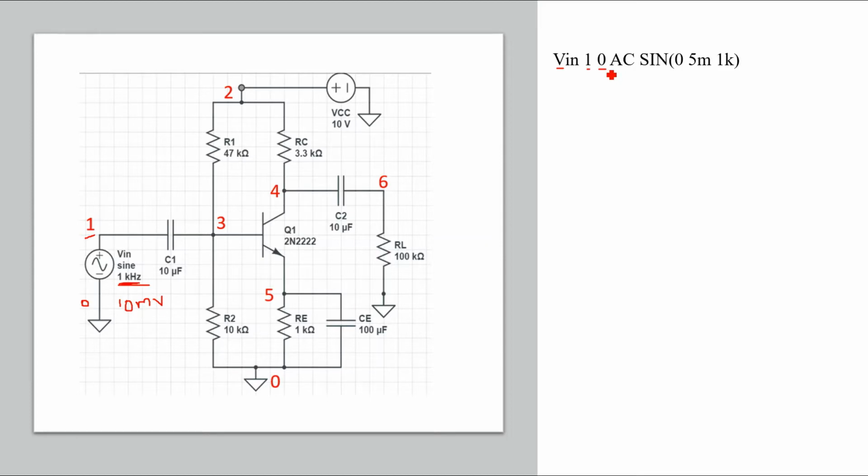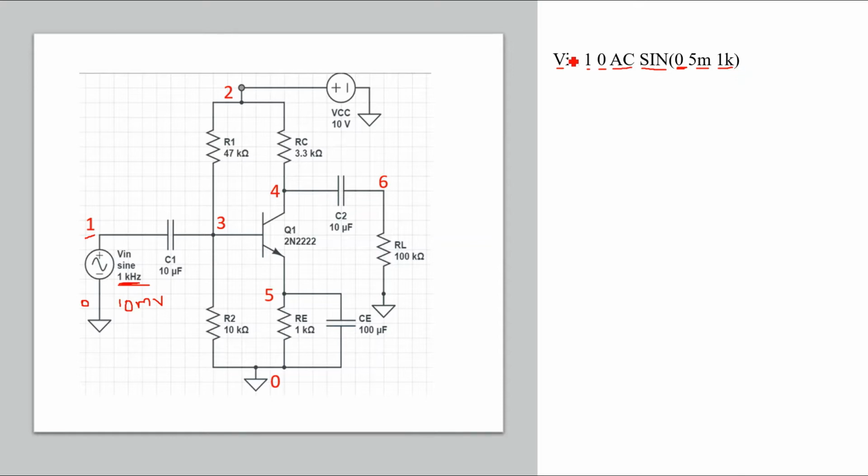It is AC in nature, therefore AC, sinusoidal, and this is the default offset value, which should be 0, and the peak value. Since 10 millivolts is the peak to peak value, the peak value comes at 5 millivolts, and the frequency is 1 kilohertz.